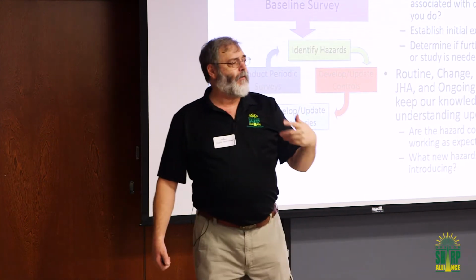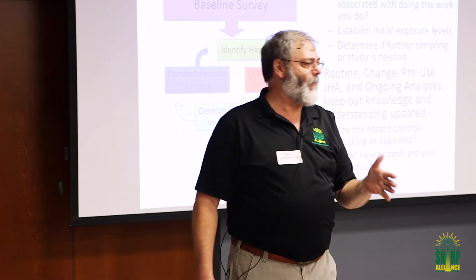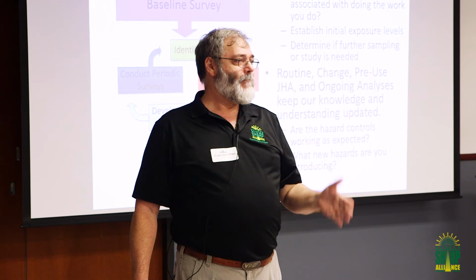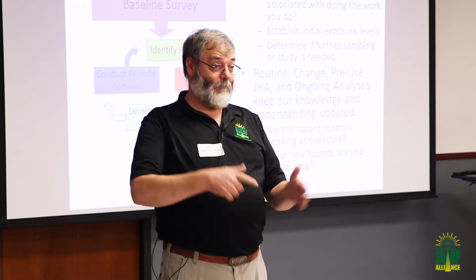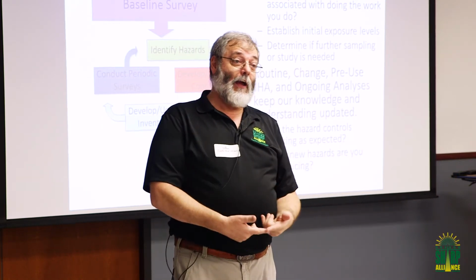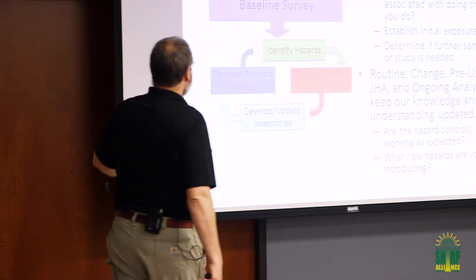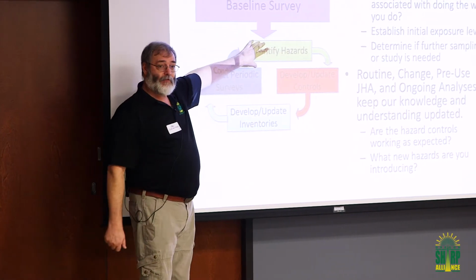So what will trigger that? What would make you think I need to do more sampling? Maybe if your initial sampling is really close to the permissible exposure limits, you want to pay attention to that one, right? So the baseline survey, we're going in, we're identifying hazards, right?